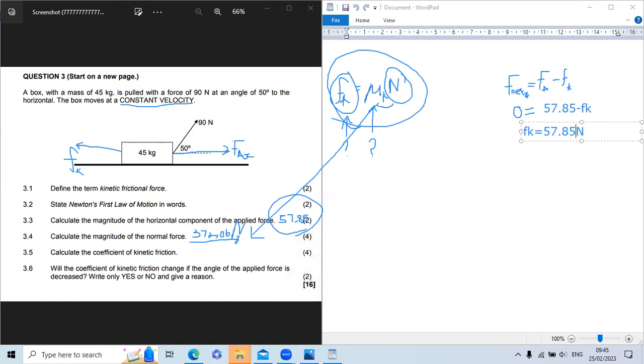If you want to indicate the direction, you can say negative, since the kinetic friction is acting to the left, or you can just state in your statement that Fk is equal to 57.85 to the left.